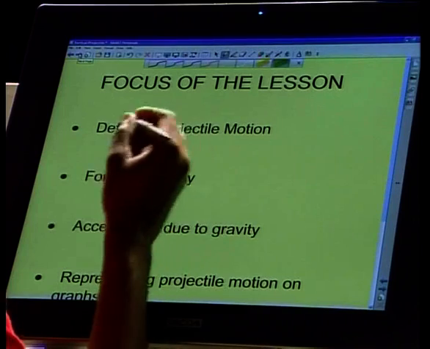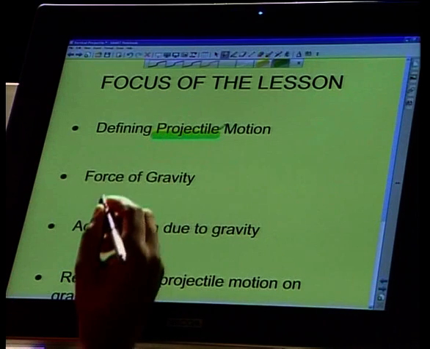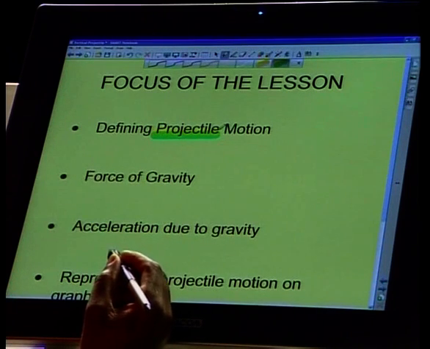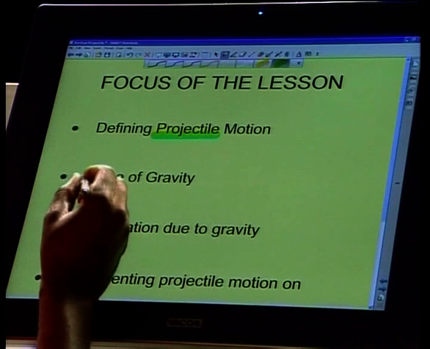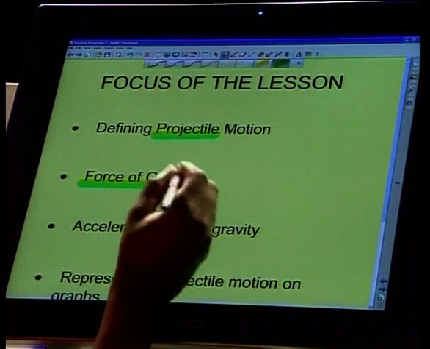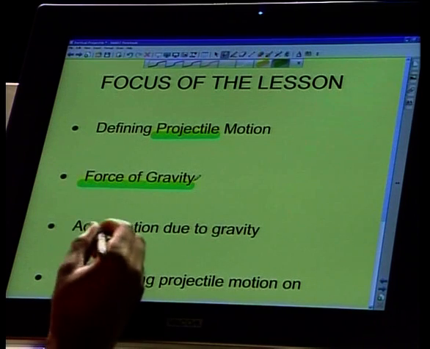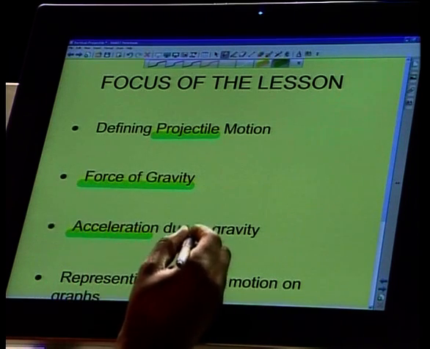What is this vertical projectile motion? Let's look at the focus of this lesson, and then we will be able to see where the lesson is going to take us. We will define and explain what we mean by vertical projectile motion. We will also be looking at the force of gravity, and we will also be talking about acceleration due to gravity.